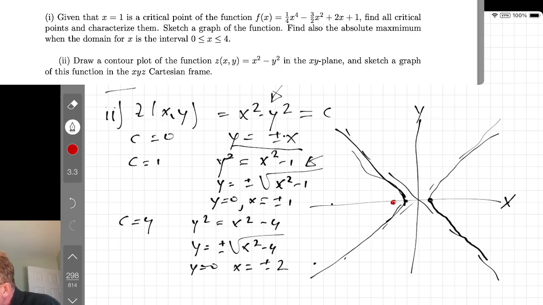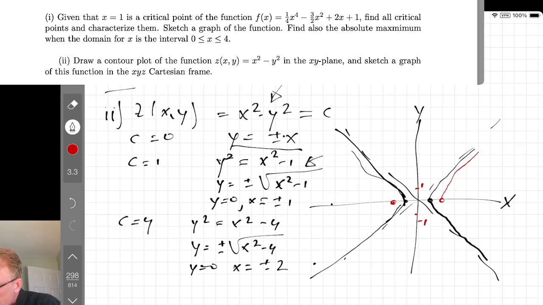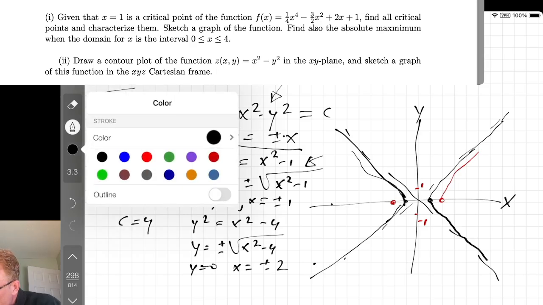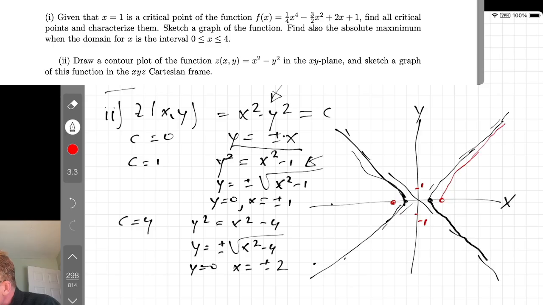So then I'm here, 1 and minus 1, and this is 2. For larger and larger x, it asymptotes there. This black line should of course asymptote to the asymptote, and then the red line also asymptotes, but a little bit slower to that one.